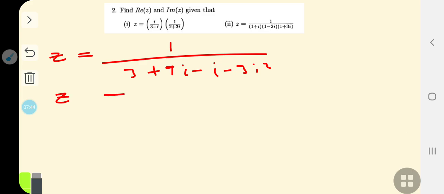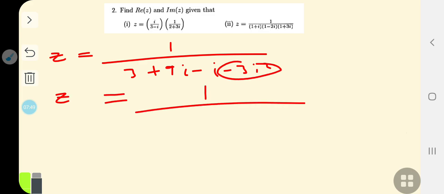So now z, this part will give us positive 3. So positive 3 plus 3, I'm going to have 6 plus, here it says 9i minus i, and I'm going to have positive 8i.